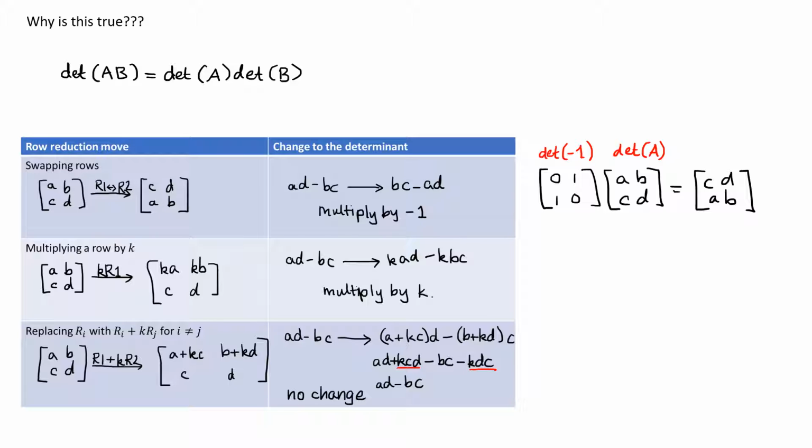To multiply a row by k, the elementary matrix that we have is just going to be k, 0, 0, 1. And let's look at what the determinant is here. Here, we get that the determinant is equal to k.